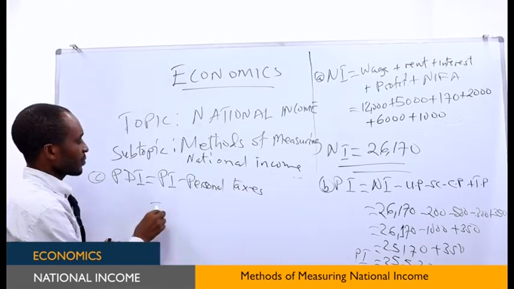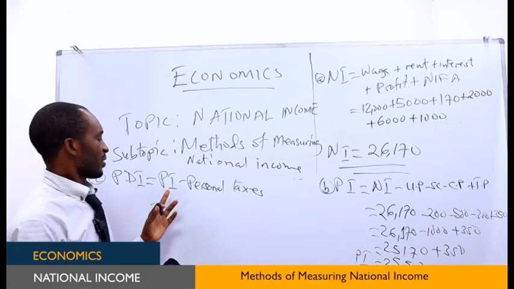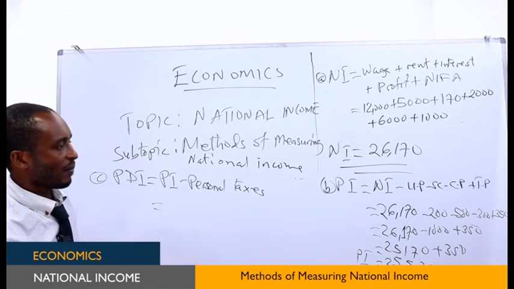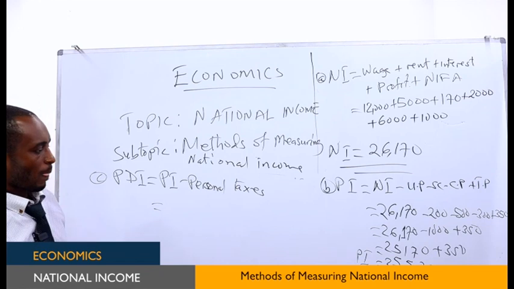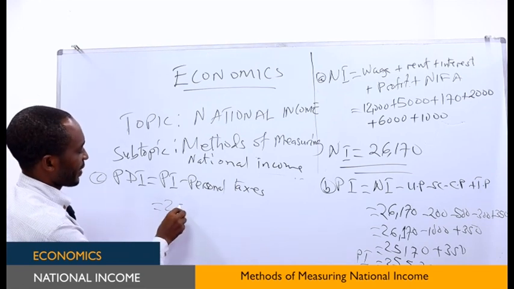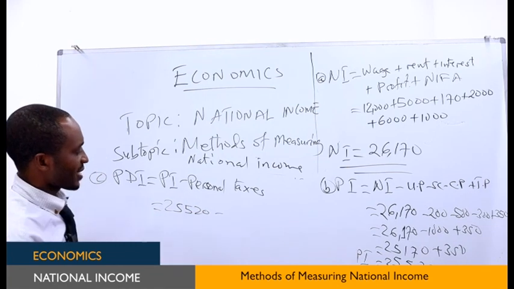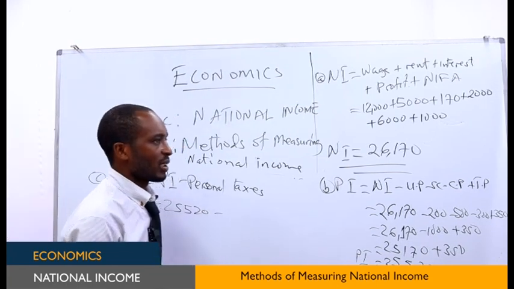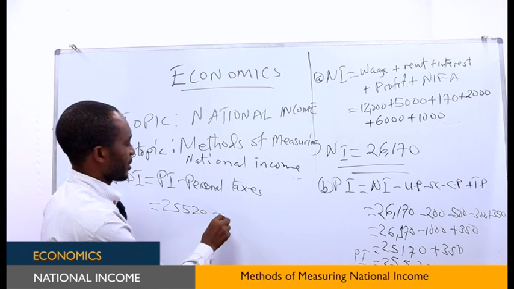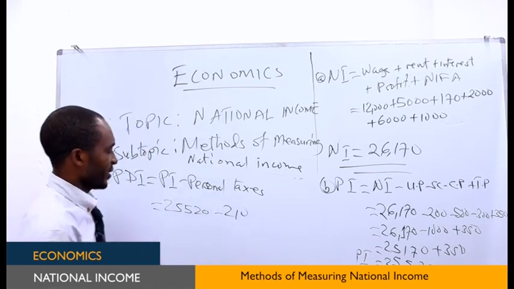So the personal income is 25,520 minus personal taxes. The personal taxes are 210.